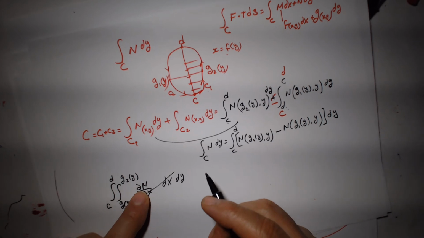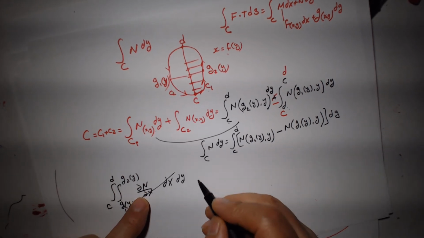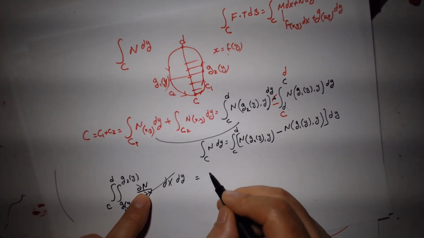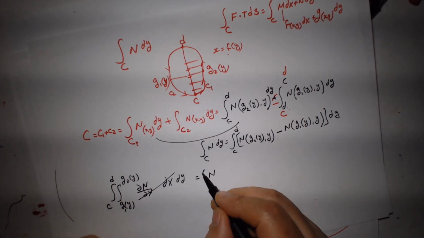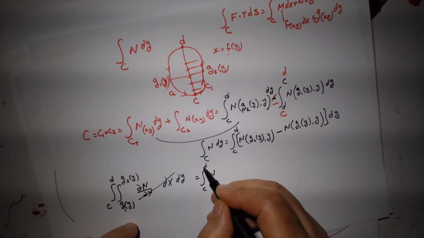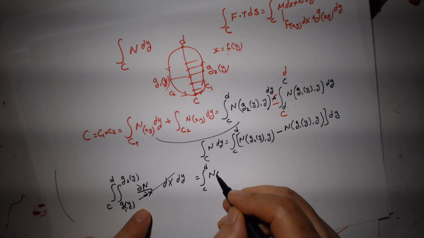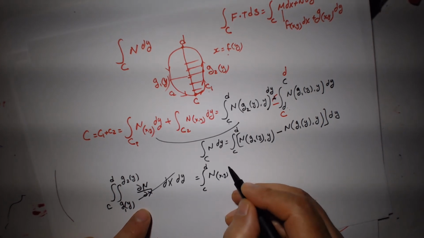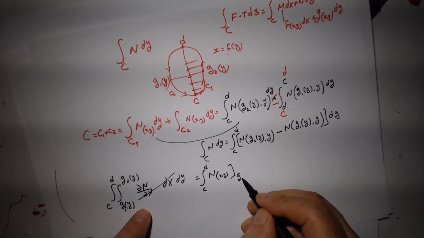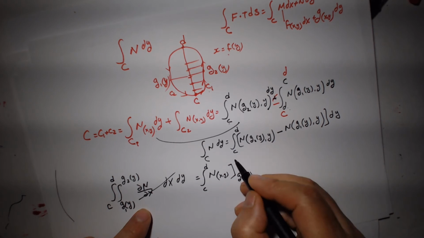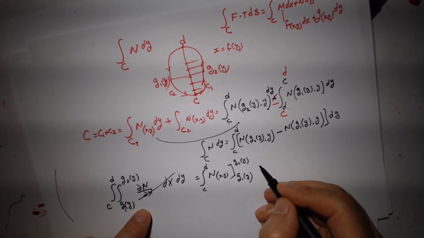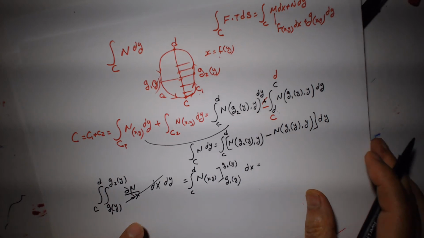Integration and differentiation, the rules undo each other, and that becomes only n from c to d. Your n is a function of x and y, but it goes from g1 of y to g2 of y dx.